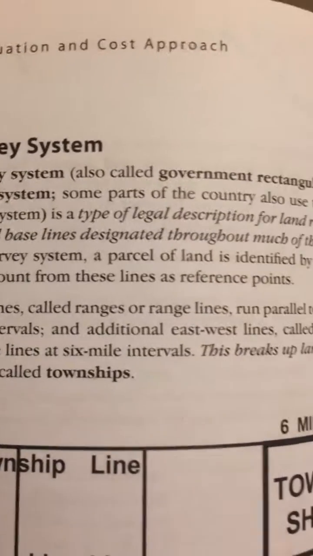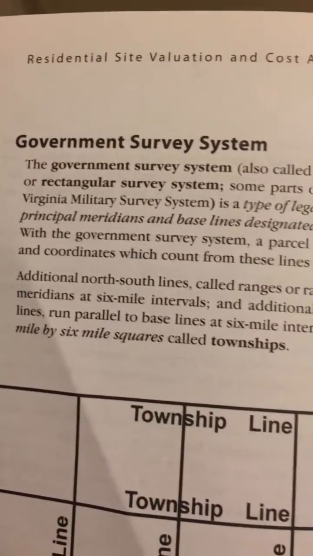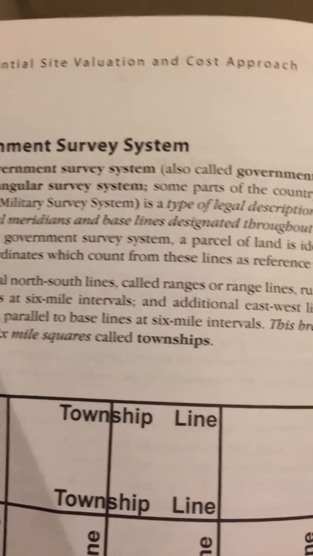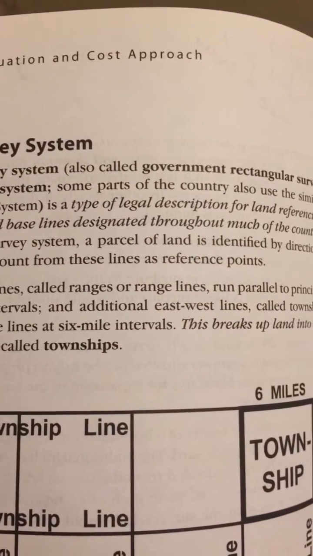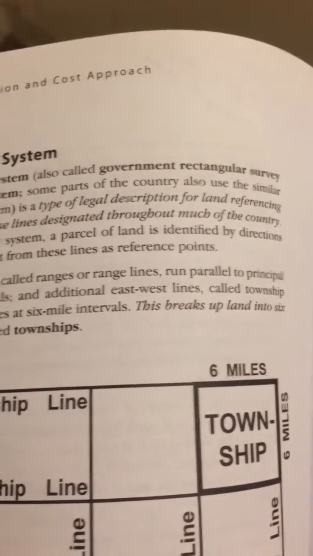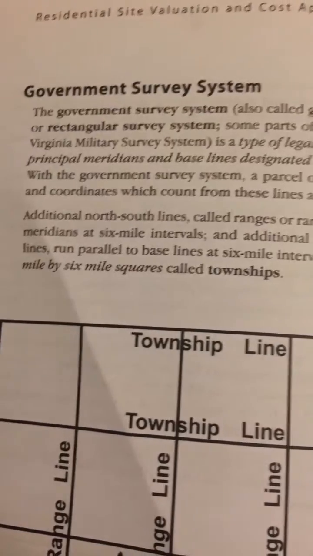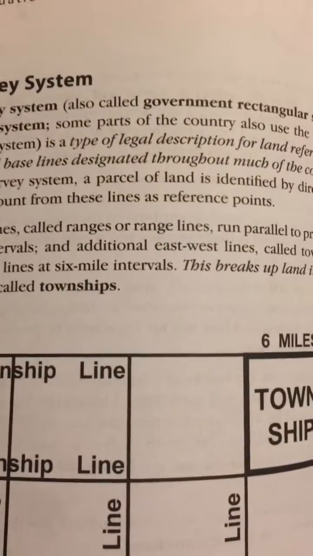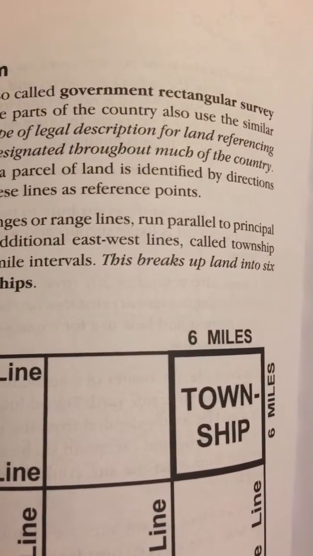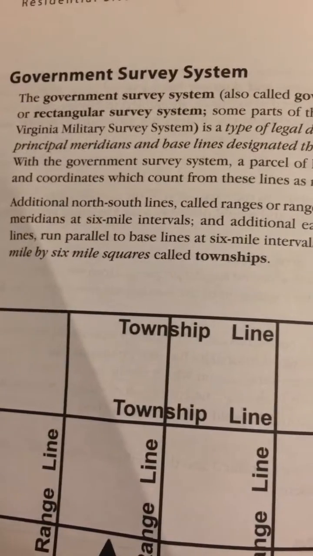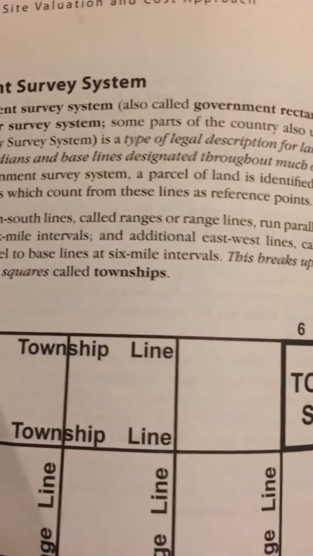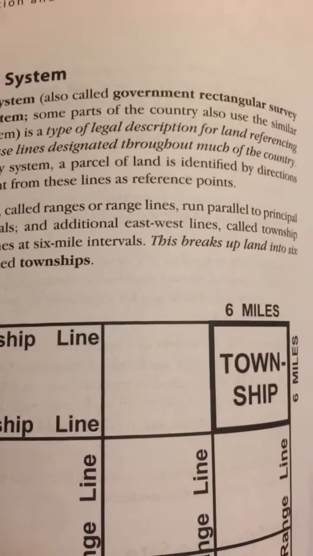It is a type of legal description for land referencing principal meridians and baselines designated throughout much of the country. With the government survey system, a parcel of land is identified by directions and coordinates, which count from these lines as reference points.